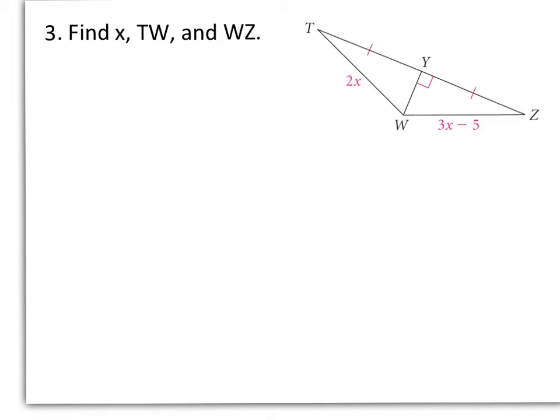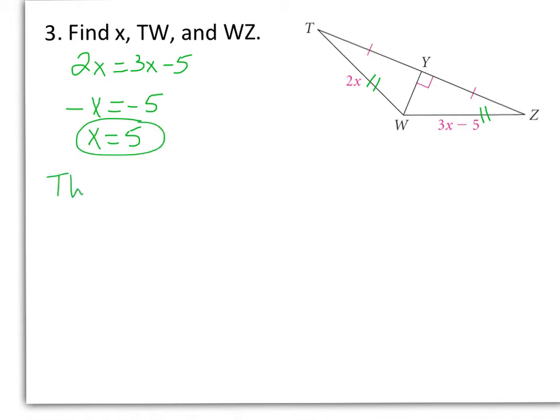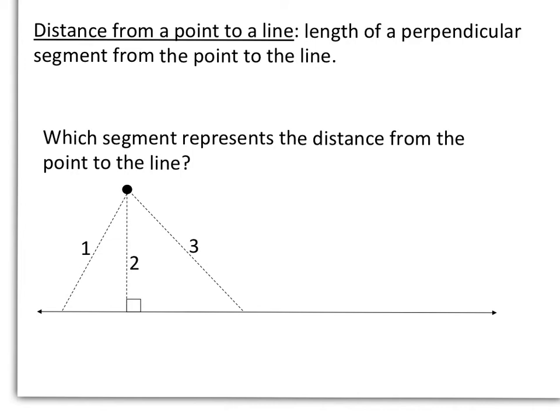So if those two line segments are congruent, then my other two line segments are going to be congruent because it makes W equidistant from T and Z. So my equation to find X will be 2X equals 3X minus 5. If I subtract 3X, I get negative X equals negative 5, or X equals 5. To find TW, just take 2 times 5, which is 10, and if TW is 10, then WZ is also 10.